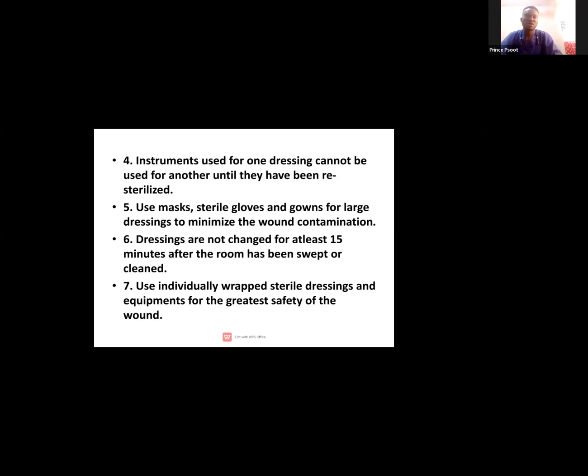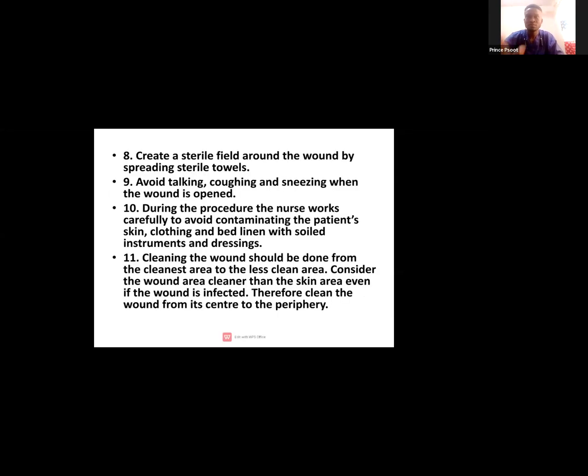I think the network issue started at number 7, where we said you should use individually wrapped sterile dressing and equipment for the greatest safety of the wound, and I've explained that already. So I'll move to number 8.